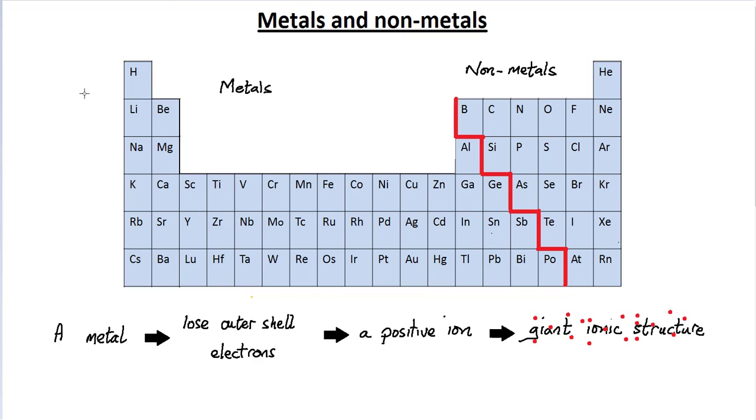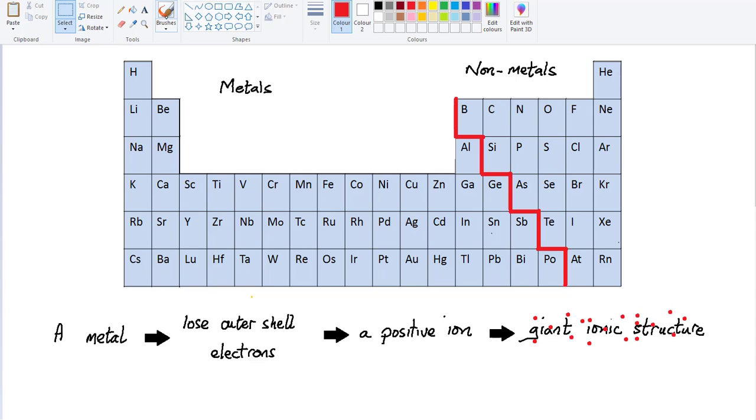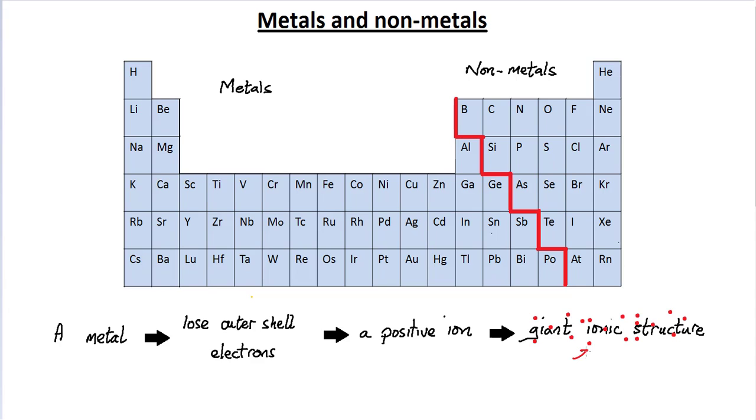It looks like it's got measles, doesn't it? But these represent delocalized electrons, which come from the outer shell electrons that were lost by the atom as it ionized.